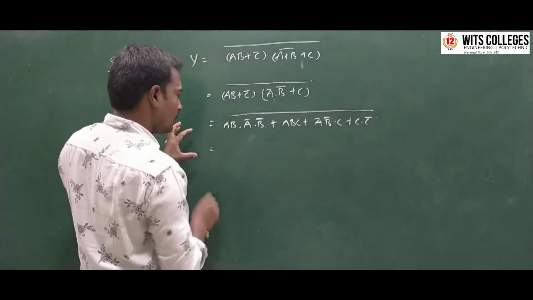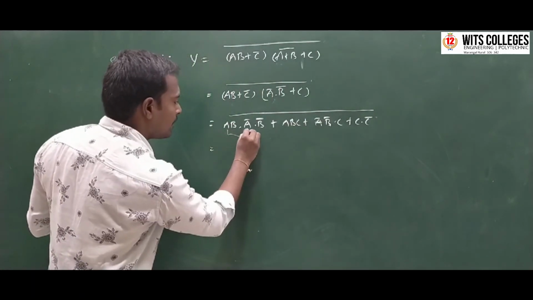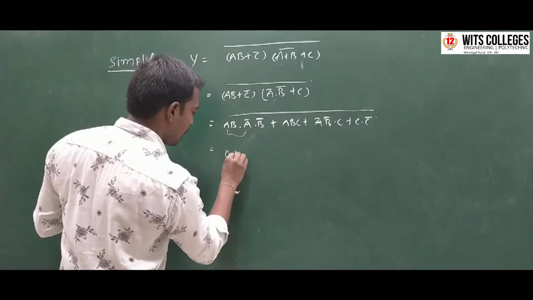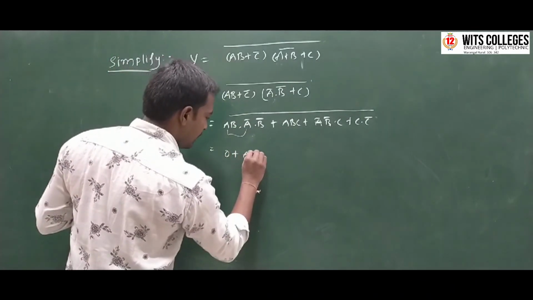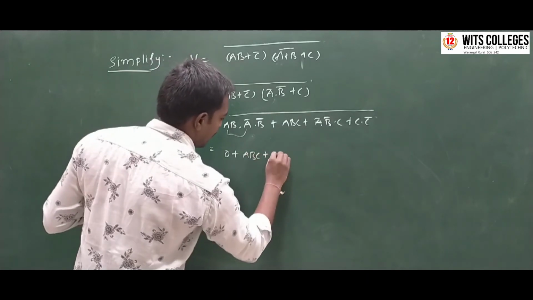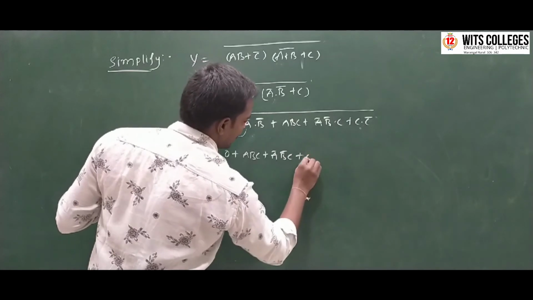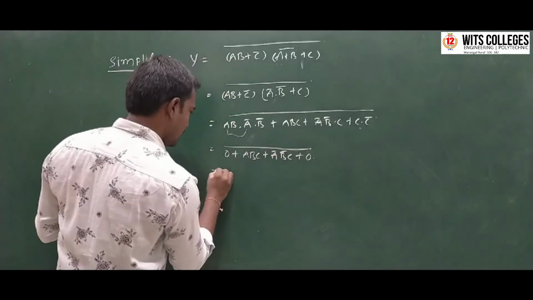Here a into a bar is equal to 0 and b into b bar is equal to 0, so 0 plus abc plus a bar b bar c plus c into c bar, which is equal to 0, whole complement.